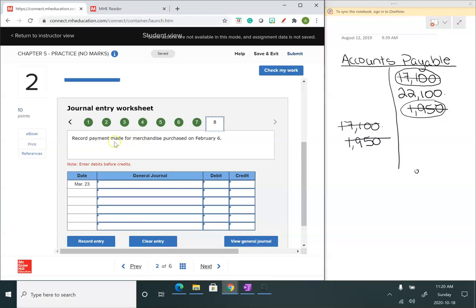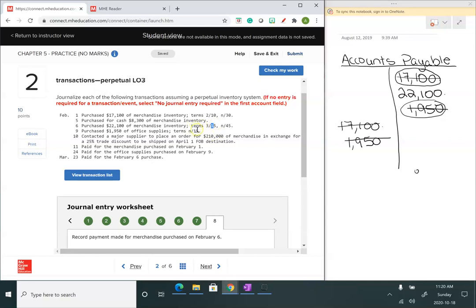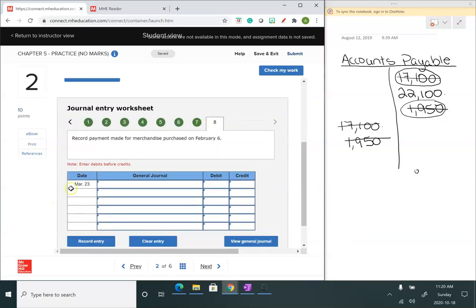And then we're going to record payment made for merchandise purchased on February 6th. So if I go back to the 6th, it's this 22,100. So that's this amount here. And I'm just going to check that I did pay it within 15 days. Then I can get the discount. So the 6th, I'm paying it on the 23rd. So it actually took us longer to pay it. So we don't get the discount. So I still have to move this out of my accounts payable.